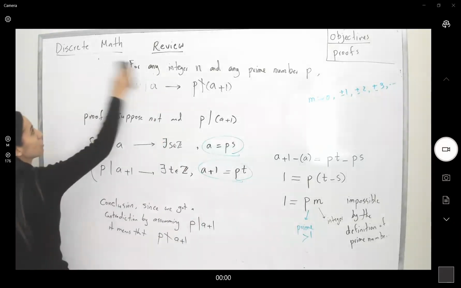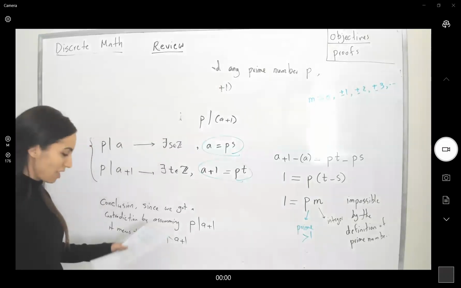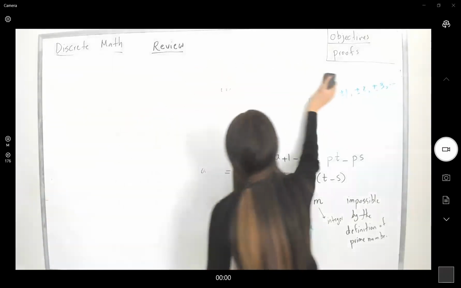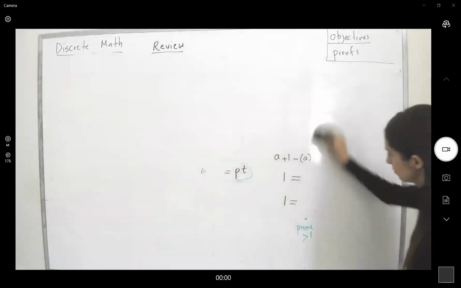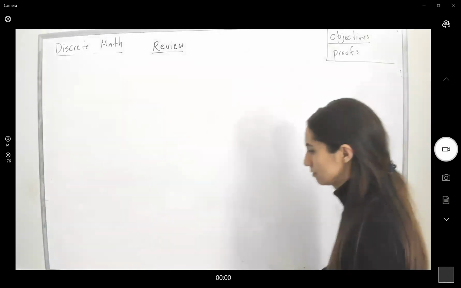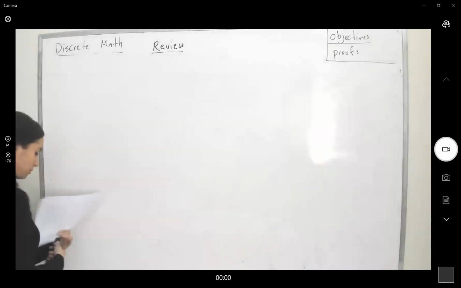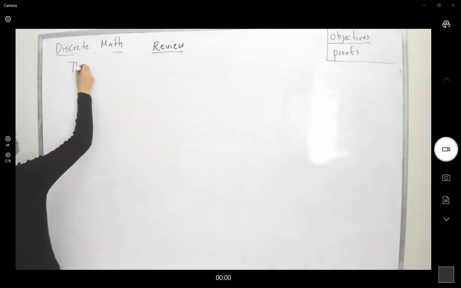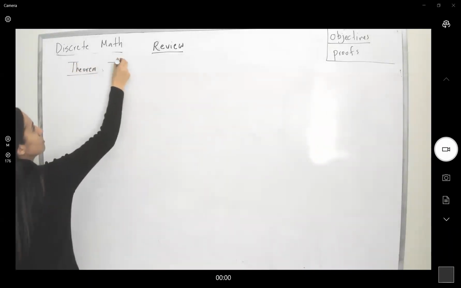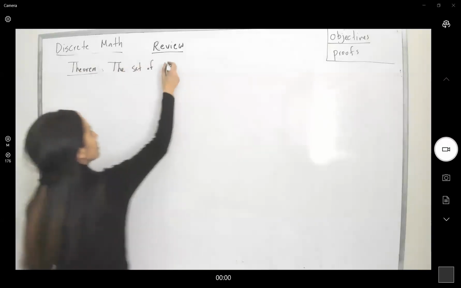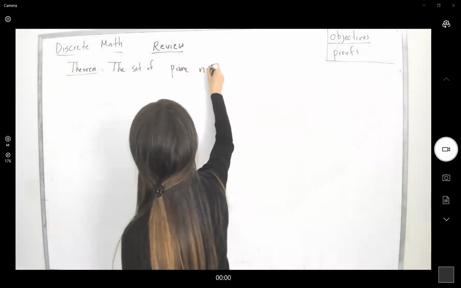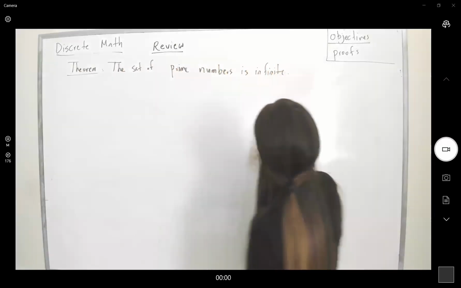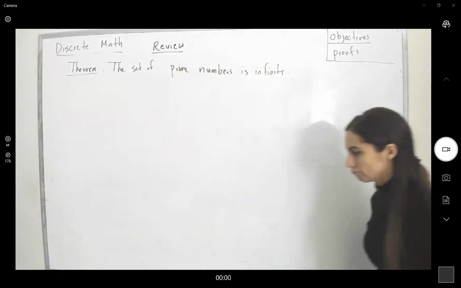Okay, in this theorem, we want to show that the set of prime numbers is not finite. So here, the set of prime numbers is infinite. There you go.